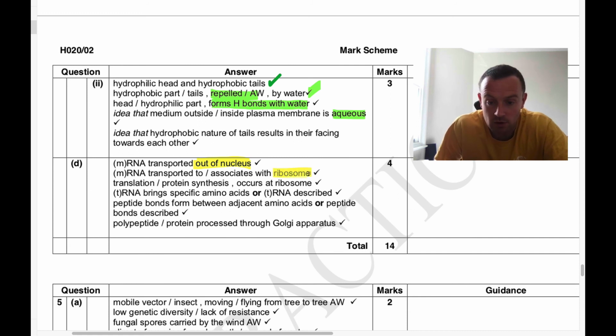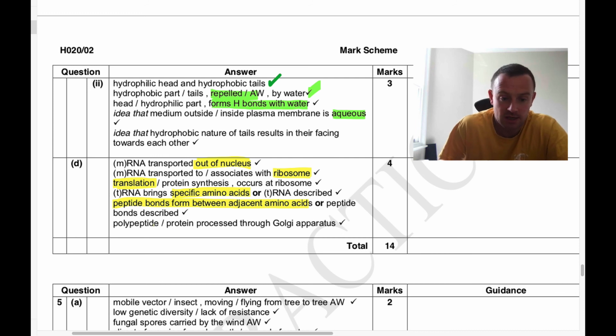It associates with the ribosome, binds to the ribosome, which is where translation occurs. And then we can get some marks for describing this process. So the fact that the transfer RNA brings specific amino acids into place. And then we've got peptide bonds forming between adjacent amino acids.